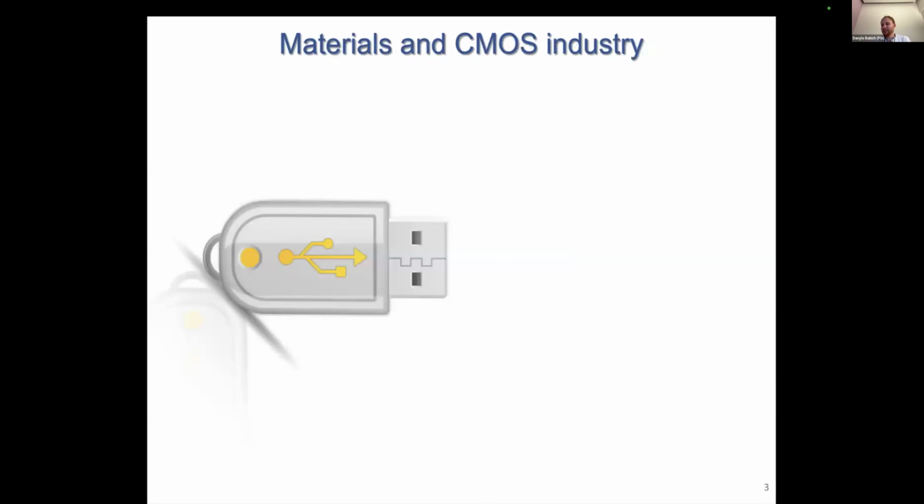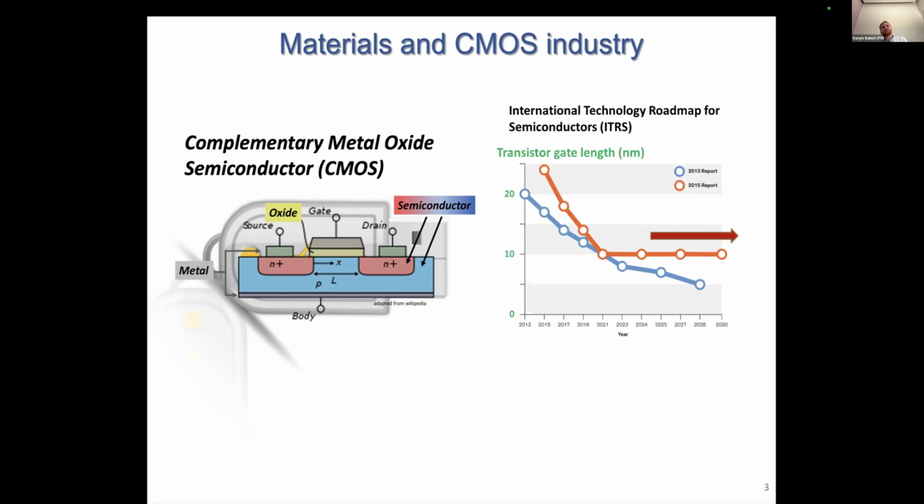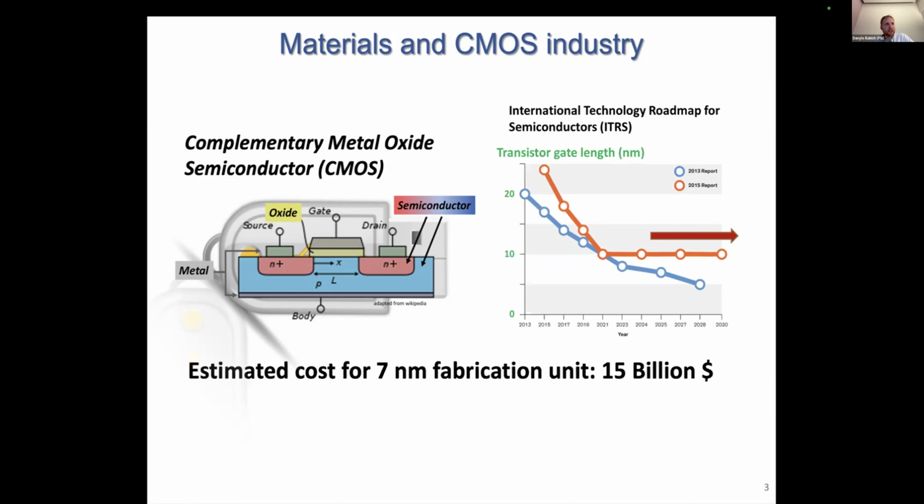However, if we take our devices or a USB key, it contains complementary metal oxide semiconductor transistors, and it takes a lot of space and a lot of effort to produce. All of you have heard about Moore's law, which predicts the physical limitation of producing materials, and it will not work anymore soon.